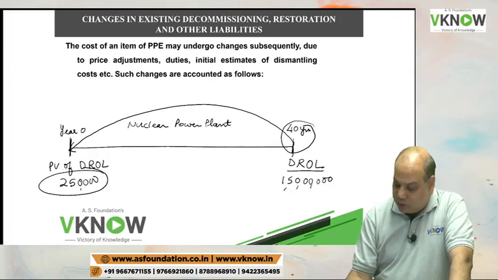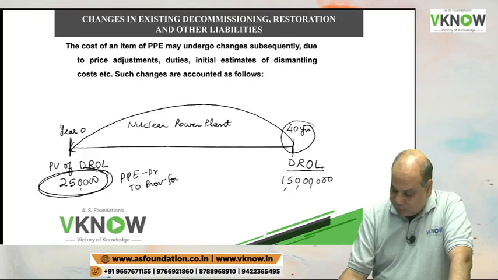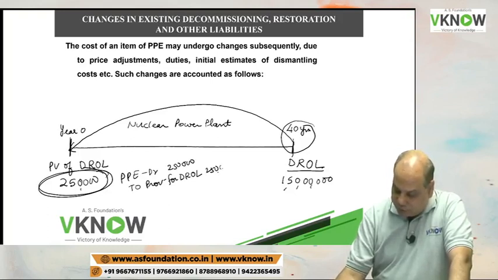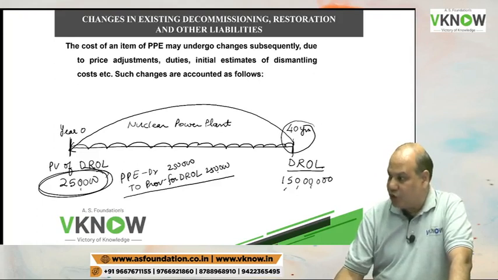And then on this date we'll pass an entry: PPE account debit to provision for decommissioning, restoration, and other liability, 2 lakh 50,000. And then every year I am going to add finance cost to the provision account.